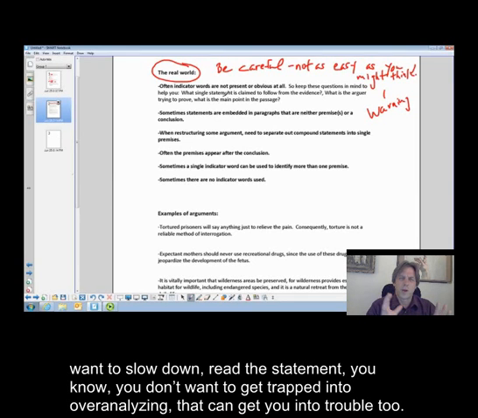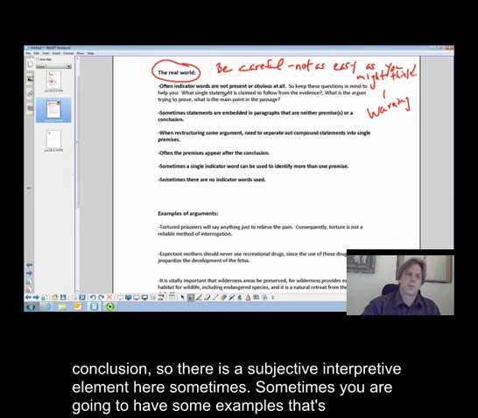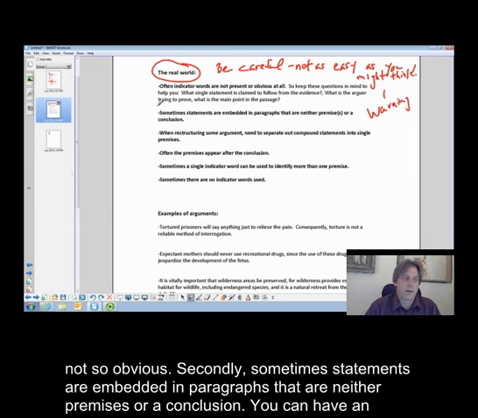You don't want to get trapped into overanalyzing. That can get you into trouble too. But like I said, be careful and go, okay, I don't see these nice indicator words, but what really is this person trying to prove? Okay, that's probably the conclusion. So there is a subjective interpretive element here sometimes. Sometimes you're going to have some examples that are really straightforward, and I'll give you some examples here in a minute that are. So anyway, just be aware, often indicator words are not present or they're not so obvious, okay?